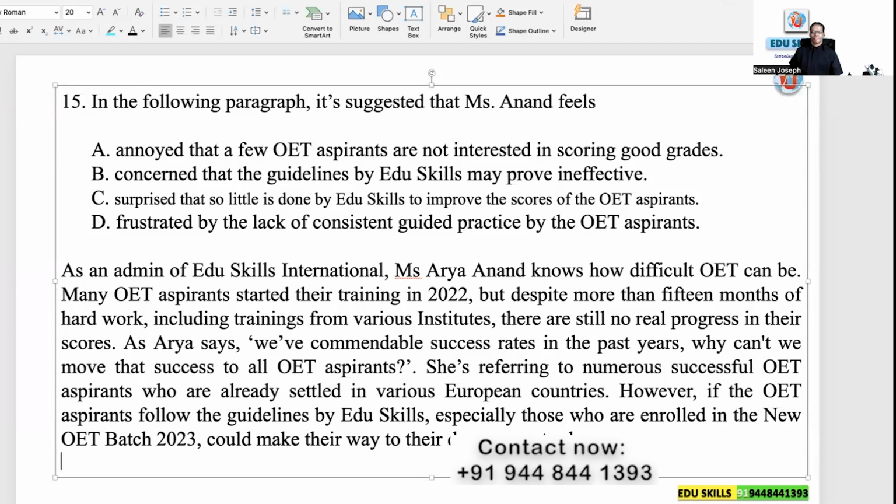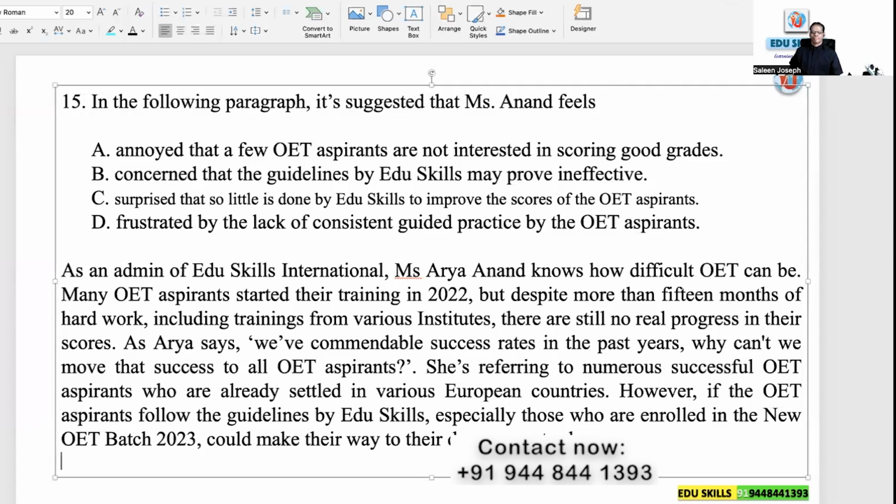As an admin of EduSkills International, Ms. Anand knows how difficult OET can be. Many OET aspirants started their training in 2022, but despite more than 15 months of hard work, including trainings from various institutes, there is still no real progress in their scores. As she says, we have commendable success rates in the past years.